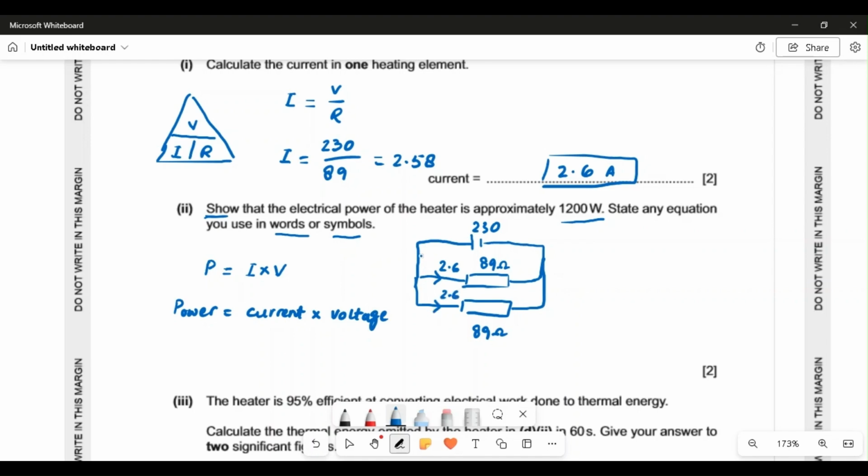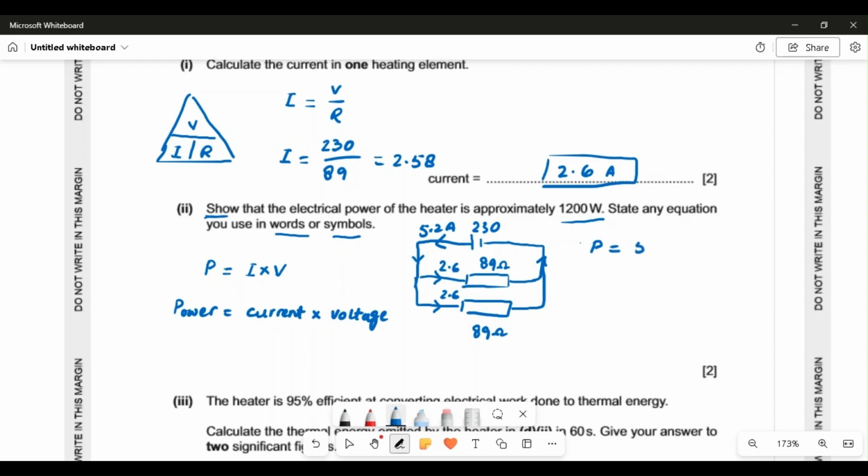So the total current provided by the battery is 2.6 plus 2.6. So I will say that this current I is 5.2 ampere.